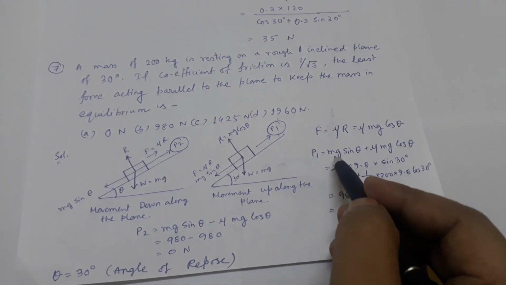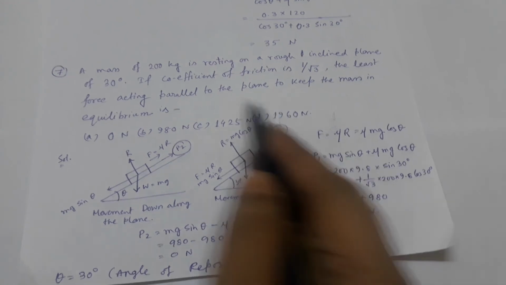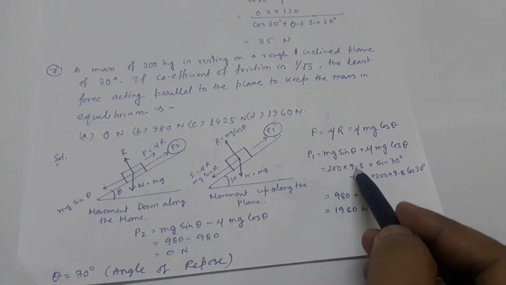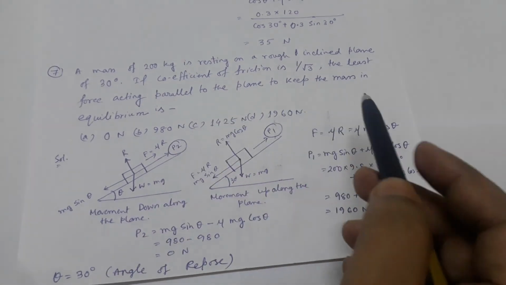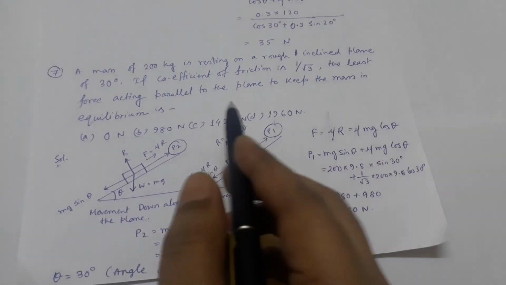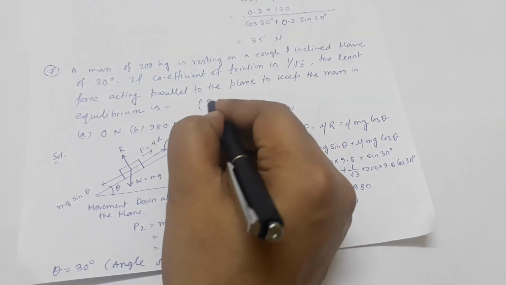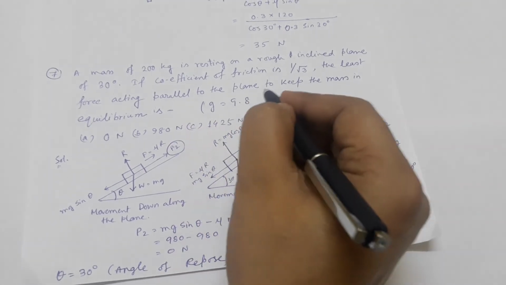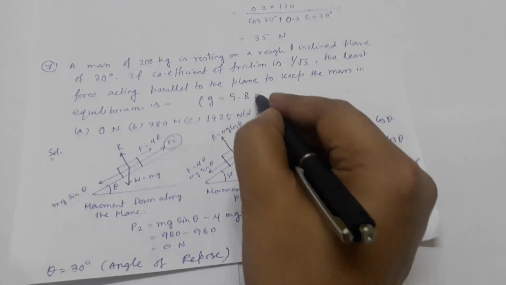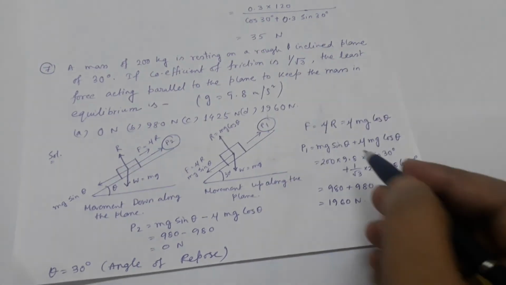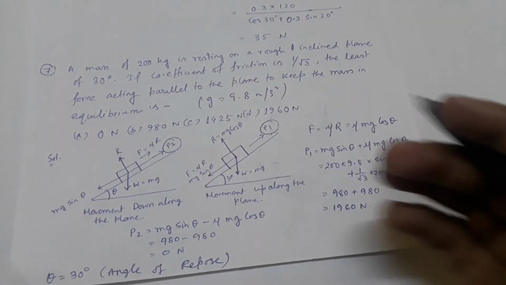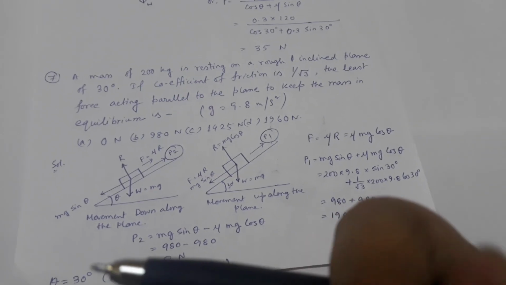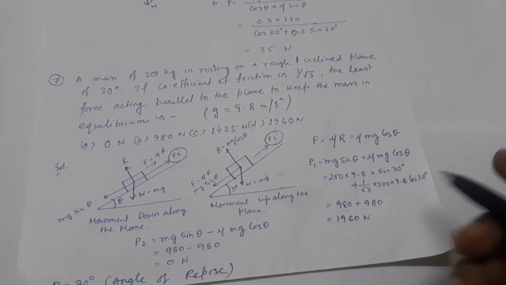What is the value of m? That is 200 kg, and g equal to 9.8 meter per second square. If g is not given, then you can put the value 9.8 meter per second square.